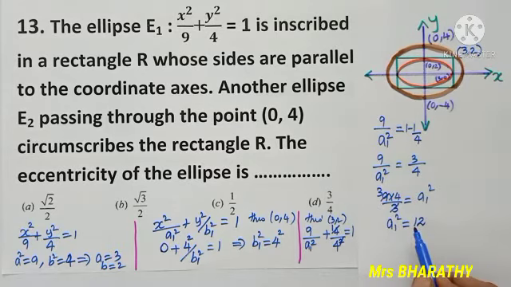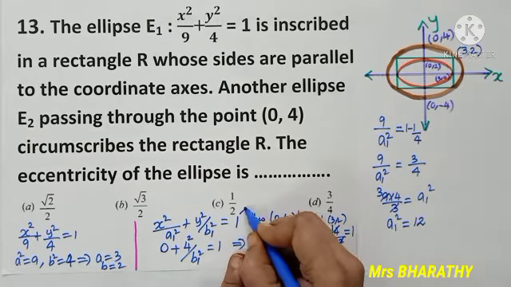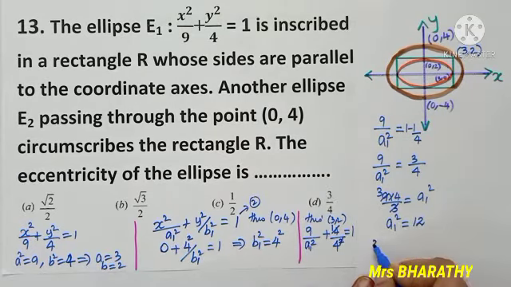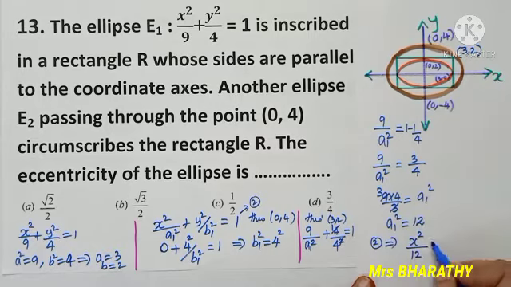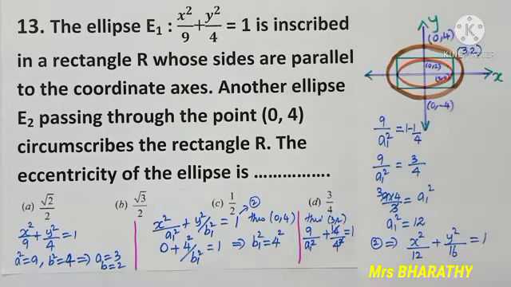Now writing a1 square and b1 square back in this equation, say 2. So the second equation implies x square by 12 plus y square by 4 square, that is 16, equals 1.